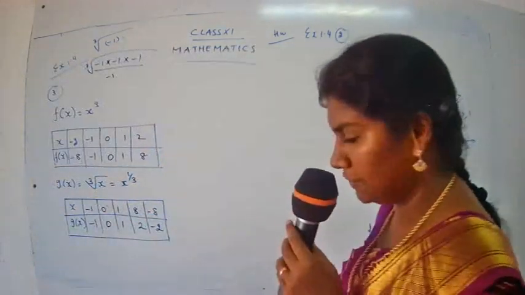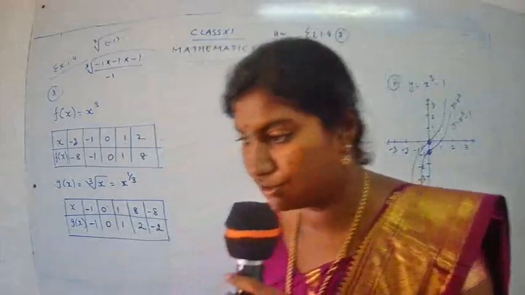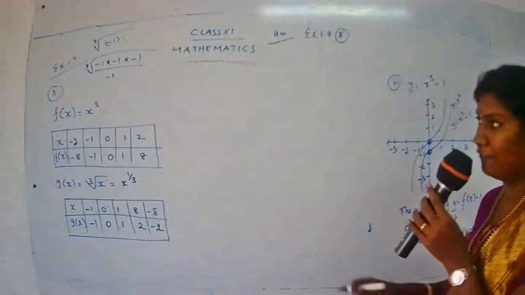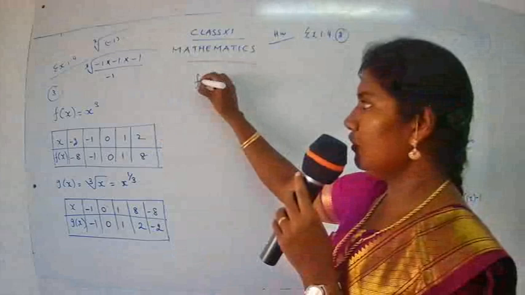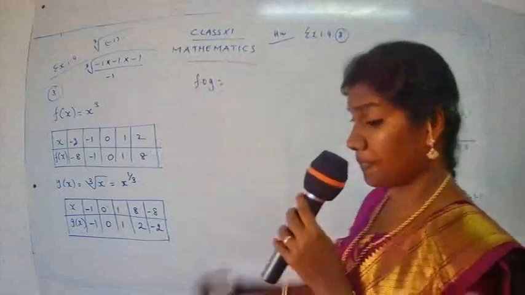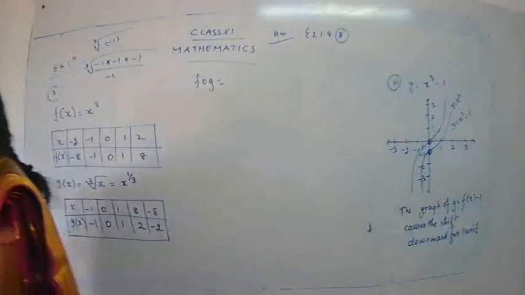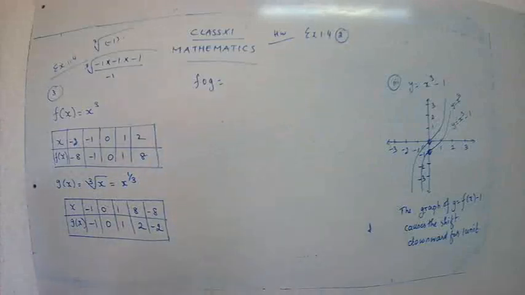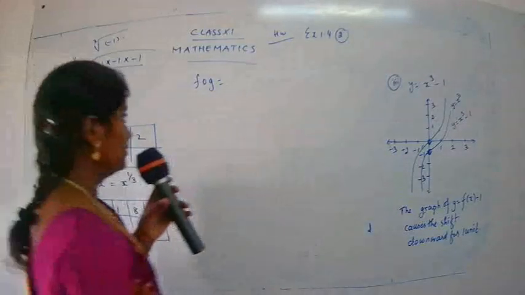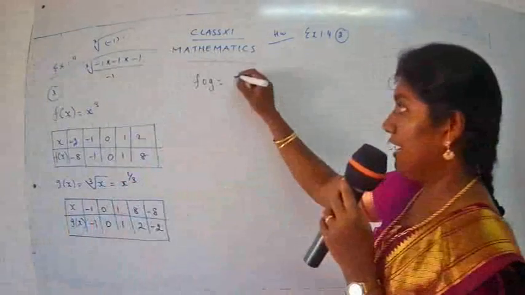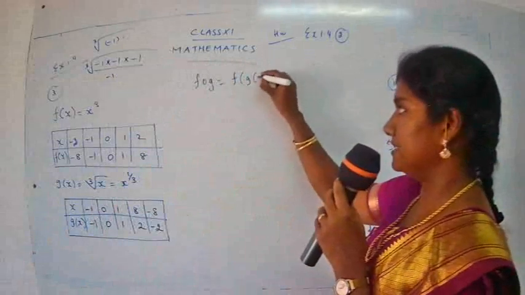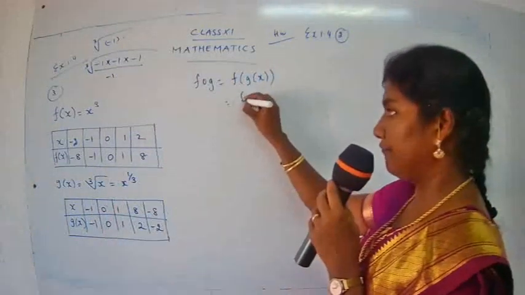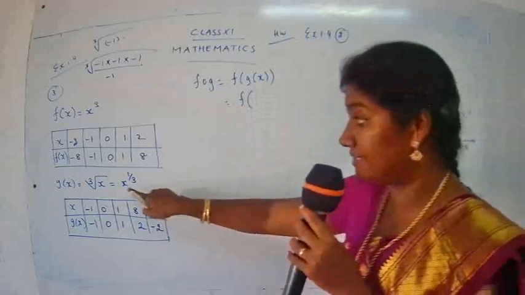So let's find out FOG and let's try to plot the graph of FOG also. So what is the meaning of FOG? Yes, tell me. What is FOG? F of gx.